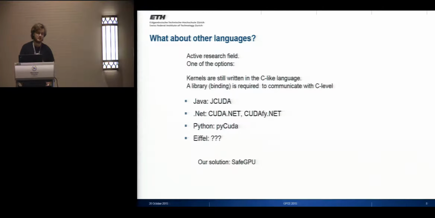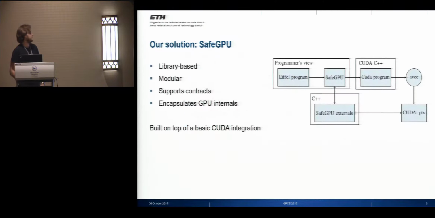So we propose our own solution called SafeGPU. What is SafeGPU all about? It's a framework that is library-based. It is modular in the sense that a programmer can compose smaller pieces into bigger ones to solve harder problems.